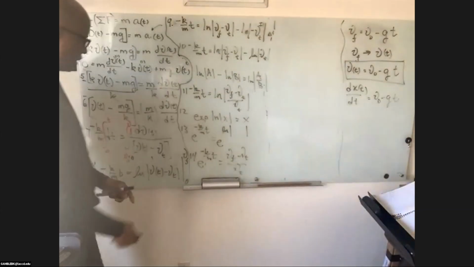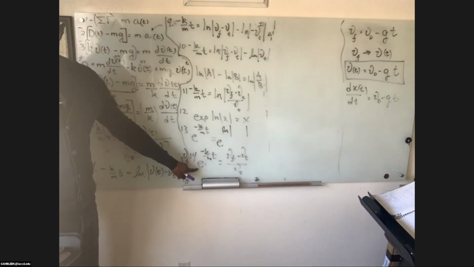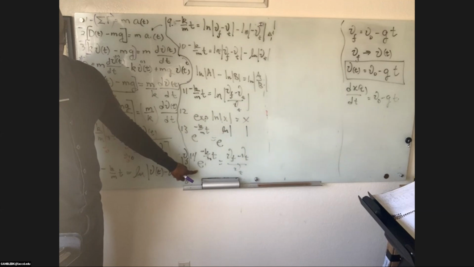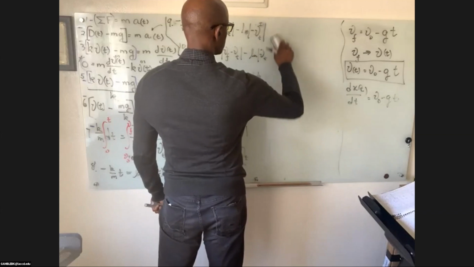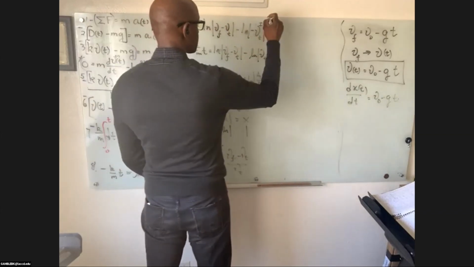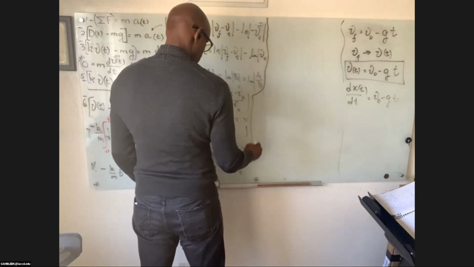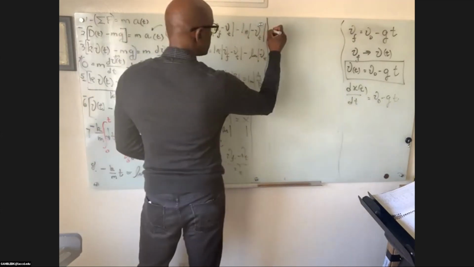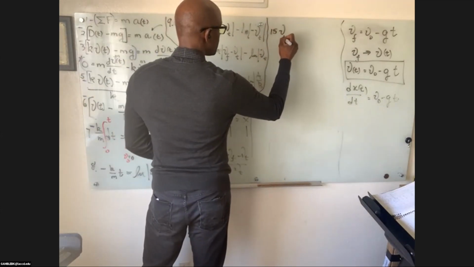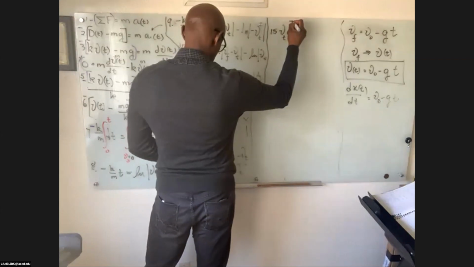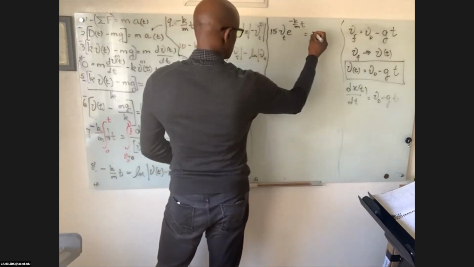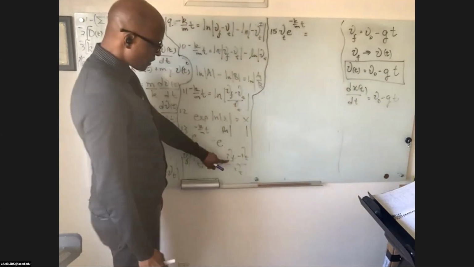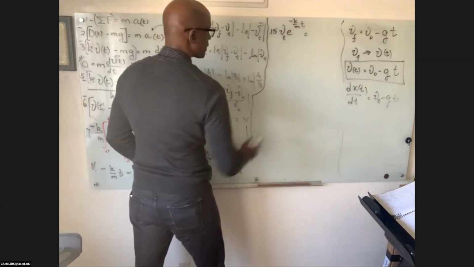Okay. Multiply through by the v sub t. And I'm going to have v sub t e to the minus k over m times t equals, now this v final, let's do a couple of things.